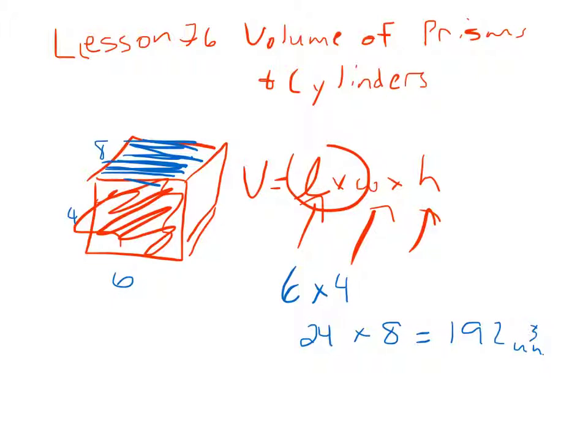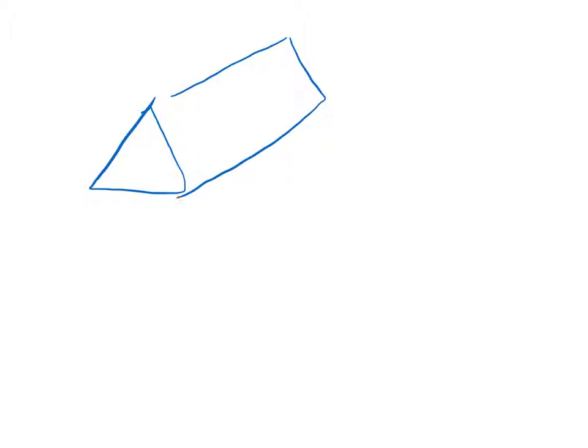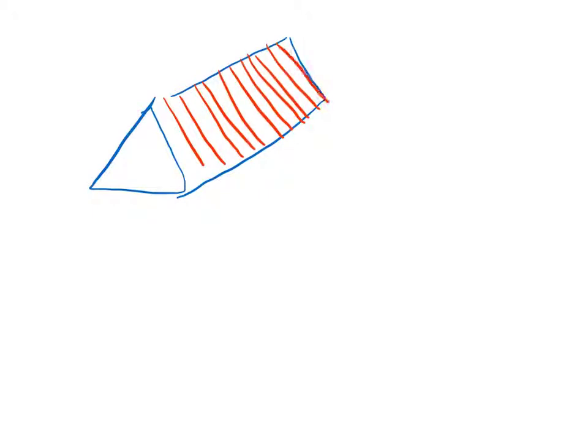So the same principle applies to triangular prisms and cylinders. Here I've got a triangle, so I can figure out the area of that triangle, and then if I add some depth, what we're asking is how many slices are there from front to back of that triangle, and that will tell us some information. So we first find the area of just this triangle, and then we tell how many slices there are.